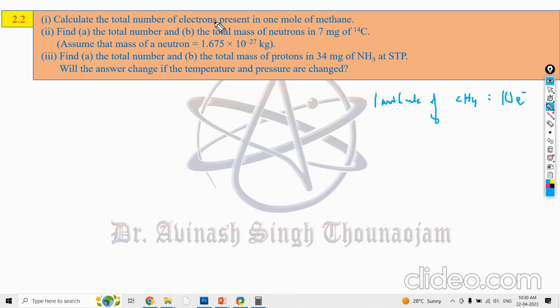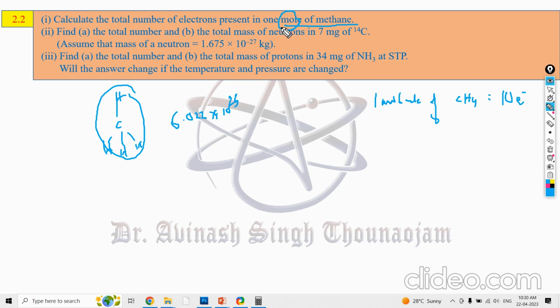Calculate the number of electrons present in 1 mole of methane. What is 1 molecule of methane? 1 molecule of methane is 1 carbon and 4 hydrogen. What is 1 mole of methane? If you take this molecule Avogadro number of times, 6.022 into 10 raised to 23 molecules, that will be 1 mole of methane.